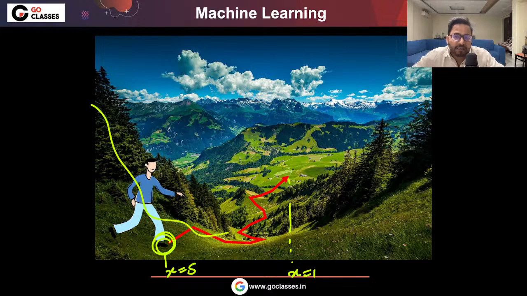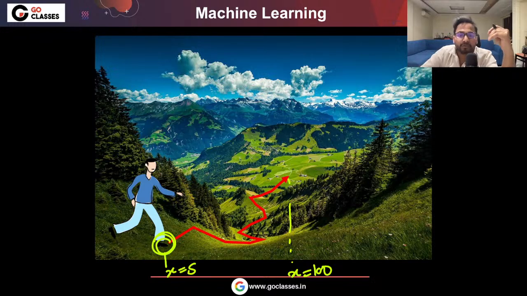Just treat this hill as a function, so you will try to go down, down, to the bottom of the hill, by keeping on changing the values of x. Initially x was 5, which means your starting location is this, then maybe this, then you go here, and ultimately your idea is to reach the valley by changing the values of x. So it is an iterative algorithm in that sense. Iterative means you will keep on doing it. It's not like one click and then you get the answer.